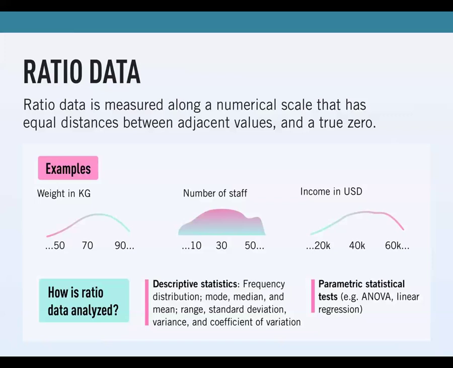For most statistical analysis, measurements at the interval and ratio levels can be treated as equivalent. When we're looking at ratio data, it goes back to when you took statistics.